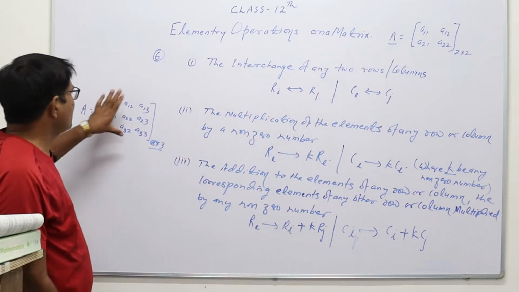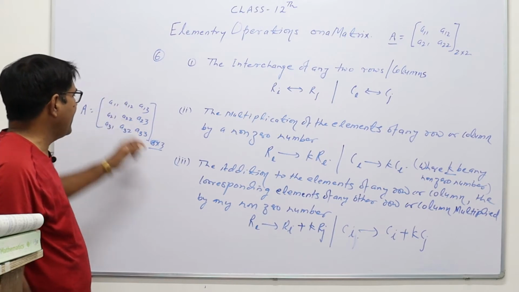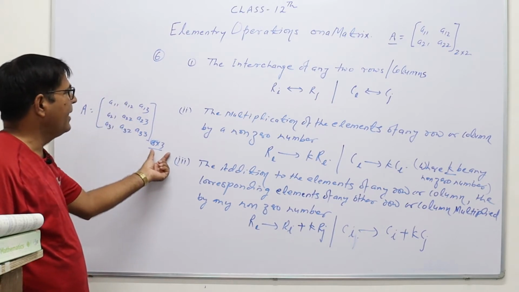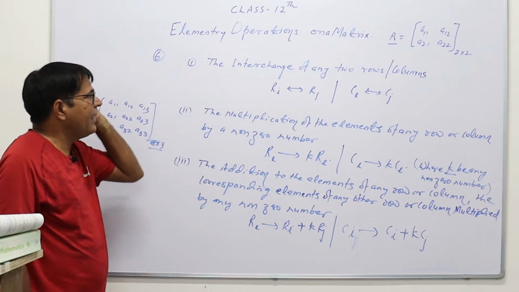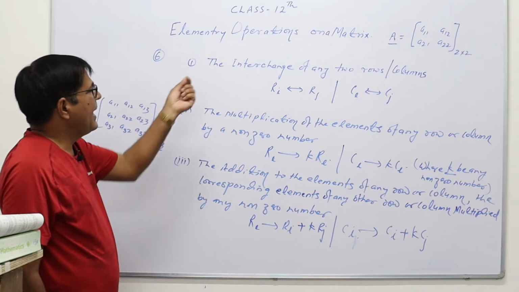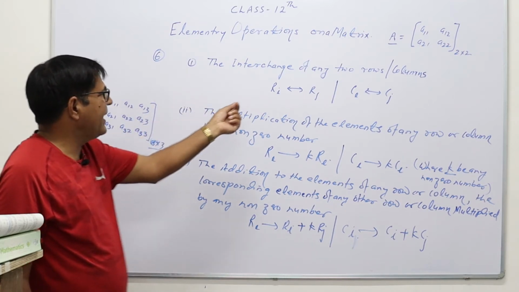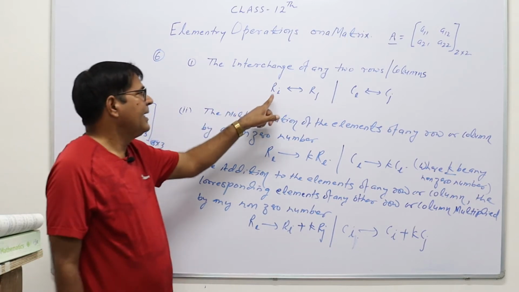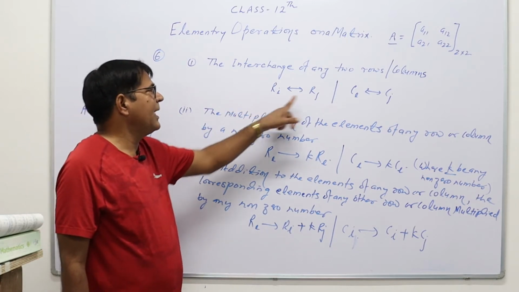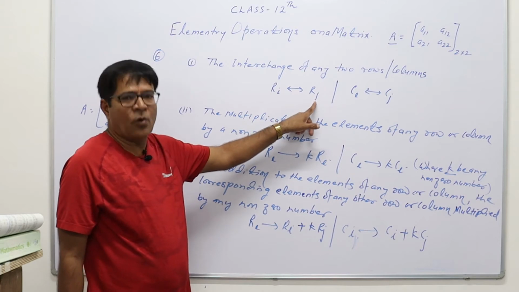If the given square matrix is of order 3 cross 3, then the first elementary operation is that we can change any ith row to the jth row.